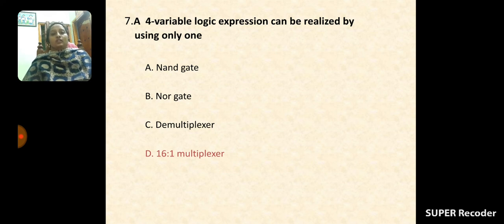In the last class we discussed adders: half adder, full adder, parallel adder, serial adder, 2's complement adder, subtractor. Now we discussed multiplexer, demultiplexer, decoder. So 7 to 8 combinational logic circuits are over. Only one combinational logic circuit is left, that is encoder. In our next class we will discuss the encoder circuit.